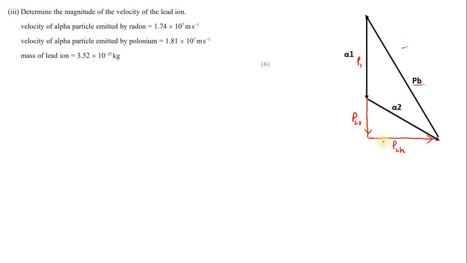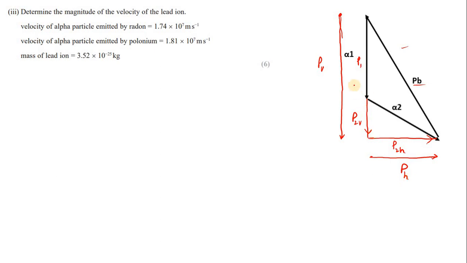Now the overall situation is, if you see the vector diagram, this is the vertical momentum of the lead particle PV, and this is the horizontal momentum of the lead PH.